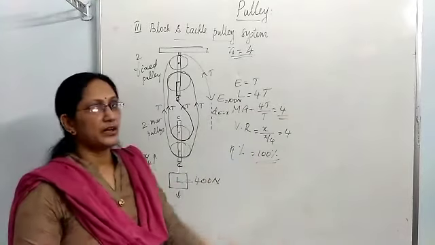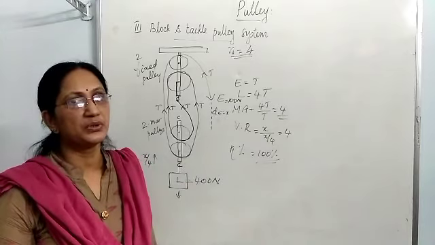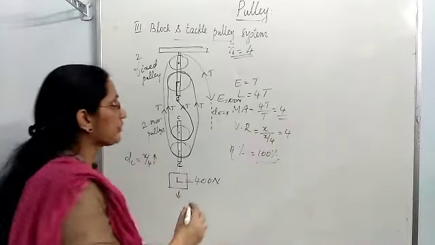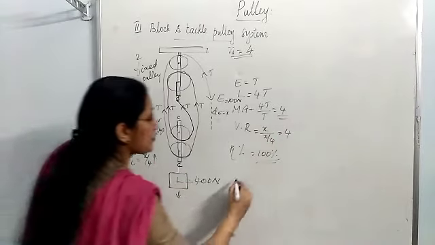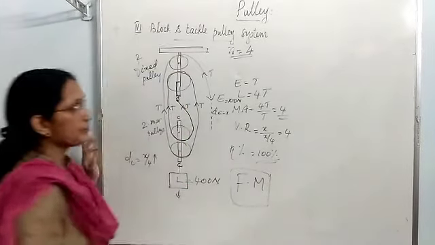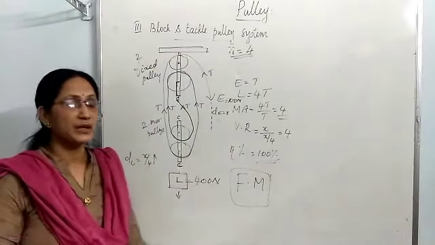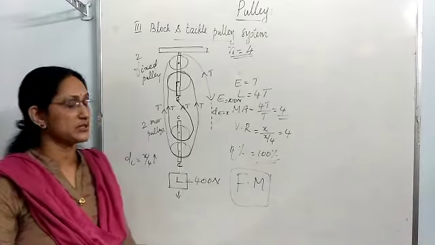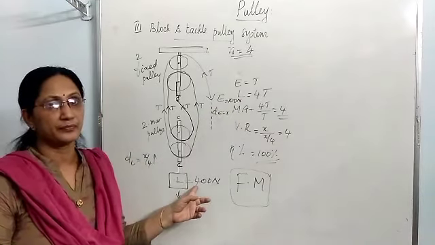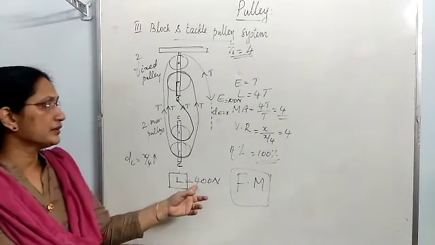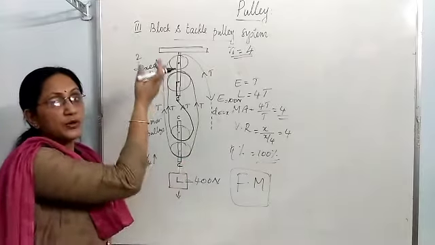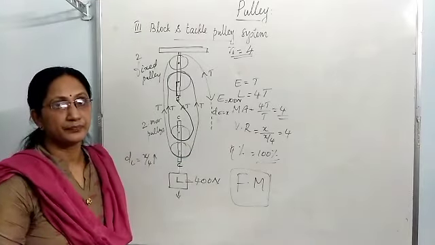So what is the usefulness of this machine? Machines having MA and VR greater than 1 are used as force multiplying machines. Very important point to remember. Block and tackle pulley system is a force multiplying machine. With less effort, you can lift heavy load. Okay. And here, along with the load, these movable pulleys are also getting lifted up.